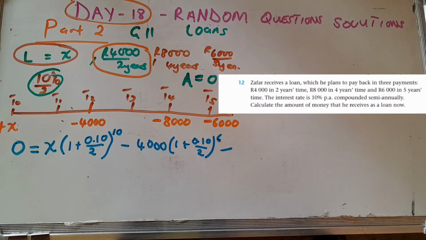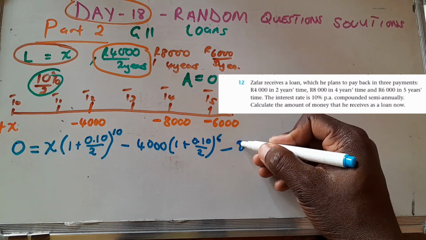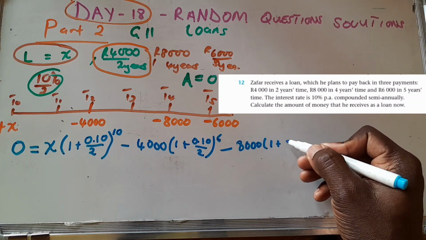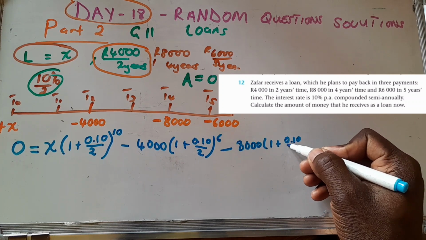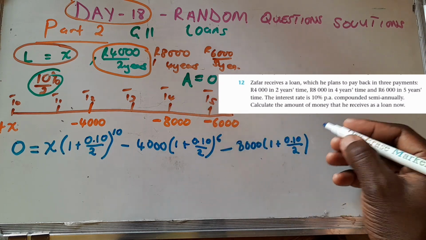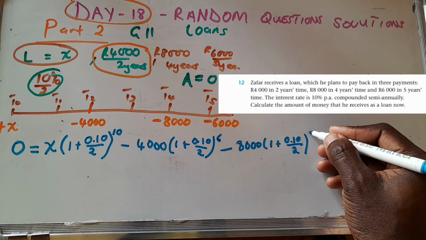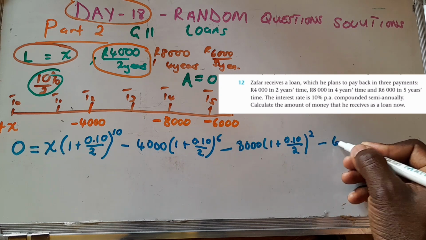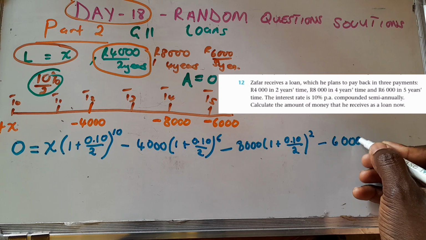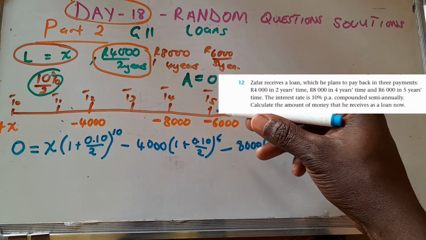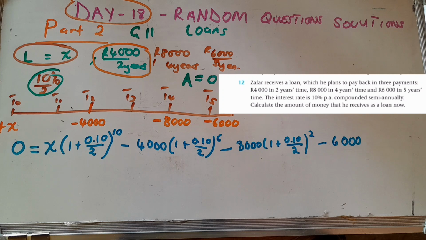So this is minus 8,000, 1 plus 0.10 divided by 2, which stayed for only 1 year. So 1 times 2, which is 2. And also minus the 6,000, which didn't stay for any period of time. So this is our equation like that.